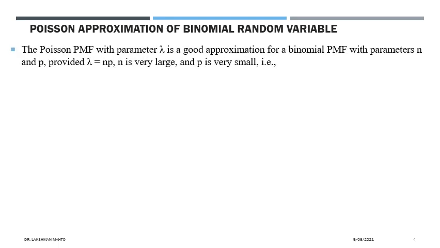Here, I had already defined that the Poisson distribution always deals with one parameter, lambda. There is a single parameter lambda. So the Poisson probability mass function with parameter lambda is a good approximation for a binomial probability mass function with parameters n and p. And what is the relation between n and p? It would be given by np.